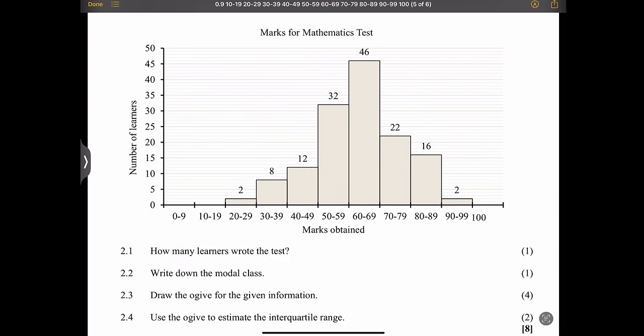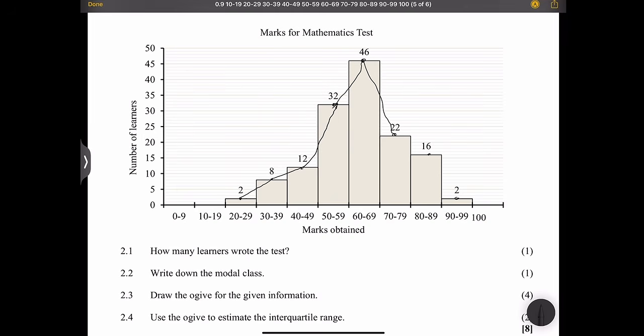Now, we're going to answer the questions, but remember, if you were asked for argument's sake to draw a frequency polygon, what you would have to do is just get the midpoints there. Upon obtaining those midpoints, all you simply do is join the midpoints as much as you possibly can.